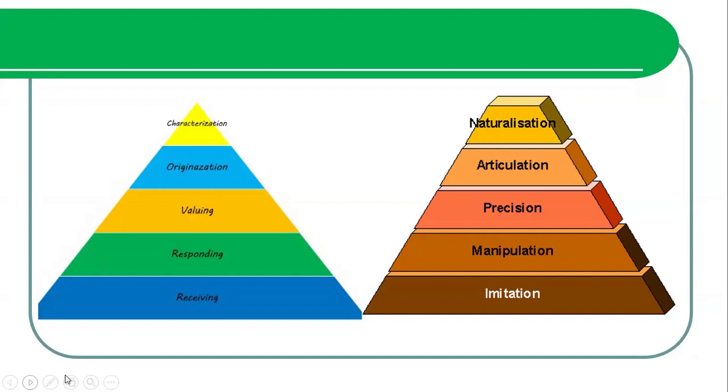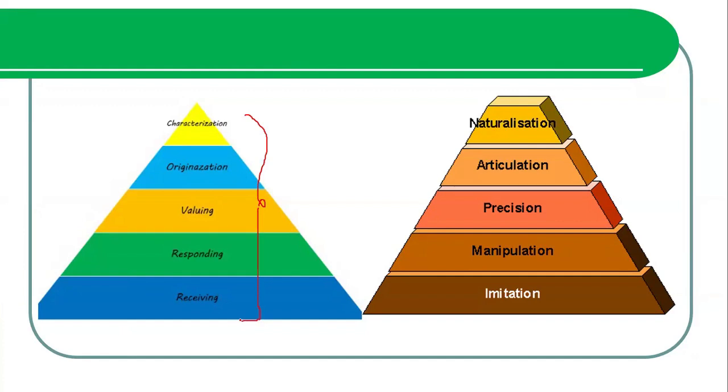Then we go to responding, valuing, organization, and then lastly, what we call characterization, which means being part of it. These are the 5 levels we consider under the affective domain.